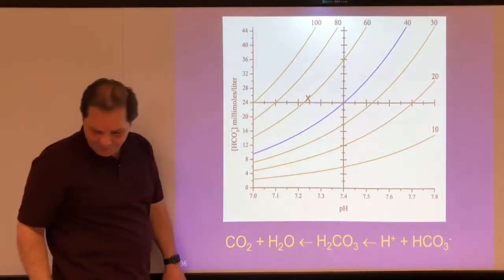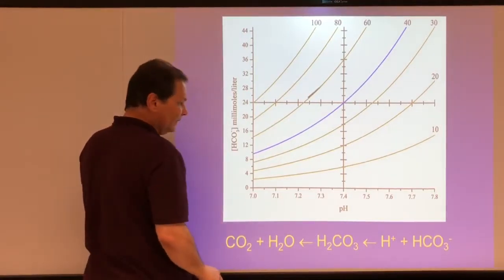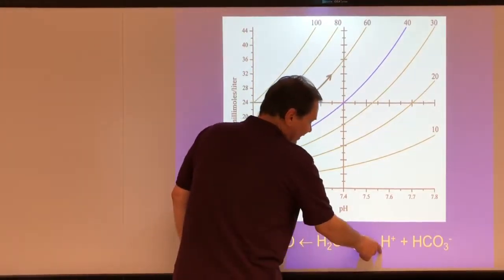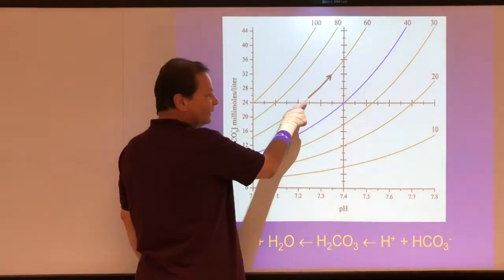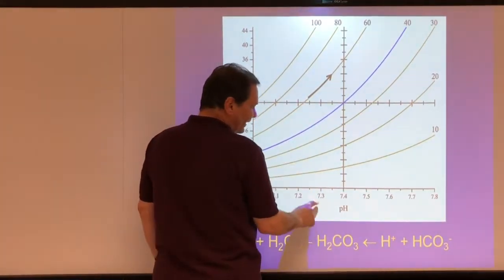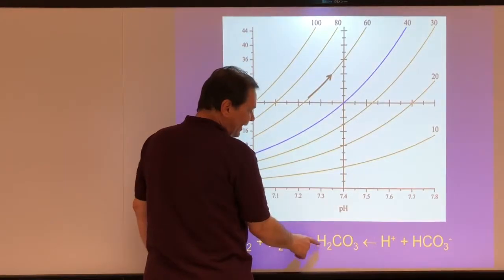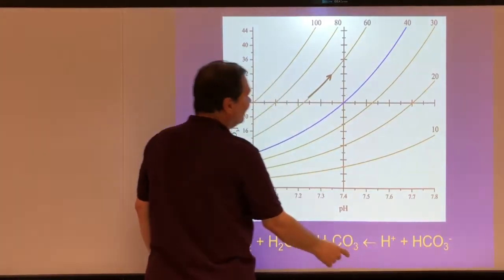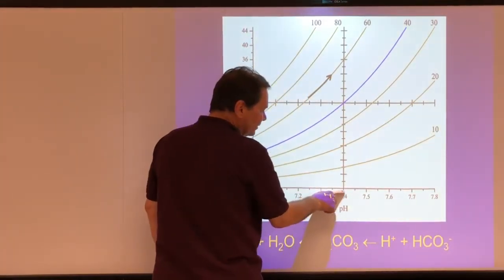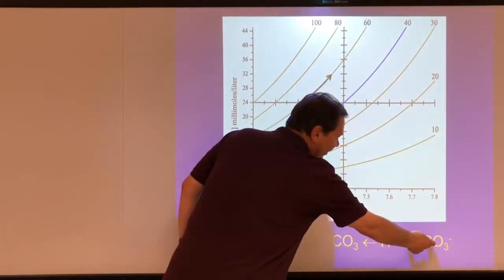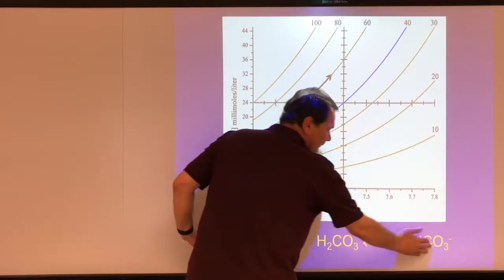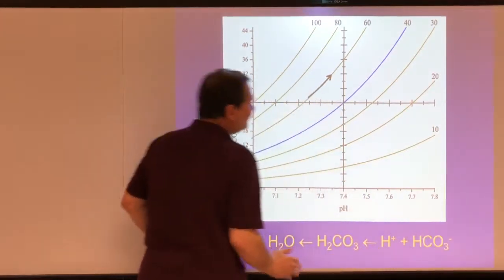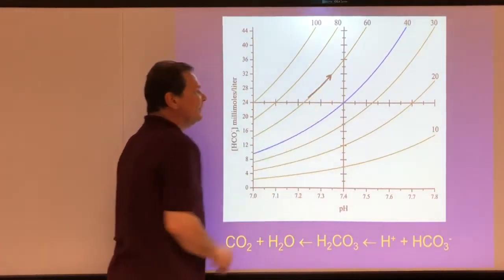If I add base to the system to bring the hydrogen ion concentration down and increase the pH, because you'll notice the pH is low here, my pH goes up, bicarbonate is added to the system as I shift my equation from left to right, and bicarb goes up.